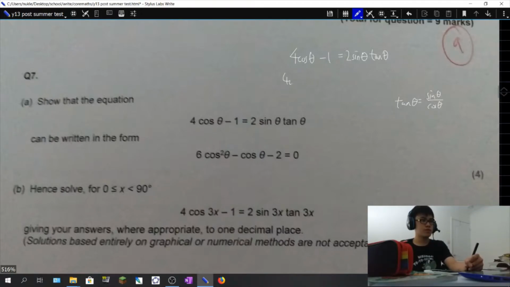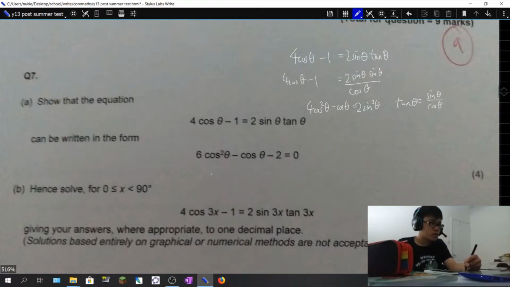So 4 cosine minus 1 is going to be 2 sine squared over cosine, and then you can move the cosine to this side. So you're going to have 4 cosine squared minus cosine is equal to 2 sine squared.